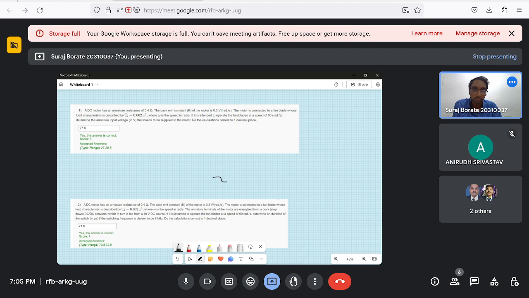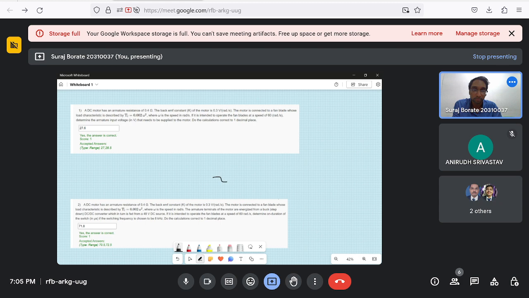So in this step, we'll also use the back EMF formula to find Va. So how do we use that? Va is equal to Ia Ra plus Eb, right? Now what is Eb?